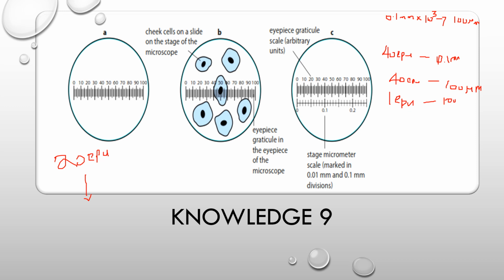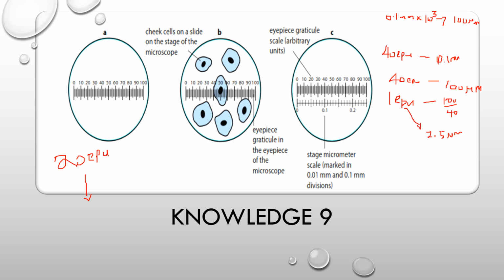Cross multiply. 100 divided by 40 will give you 2.5. So that means one eyepiece graticule unit is 2.5 micrometers, guys. That's what it is.